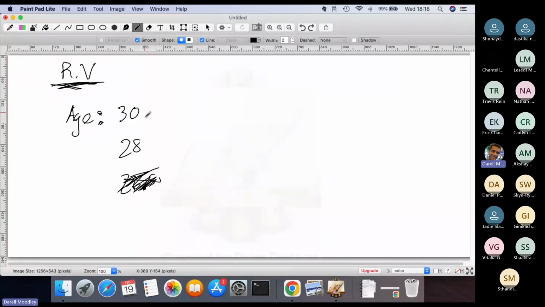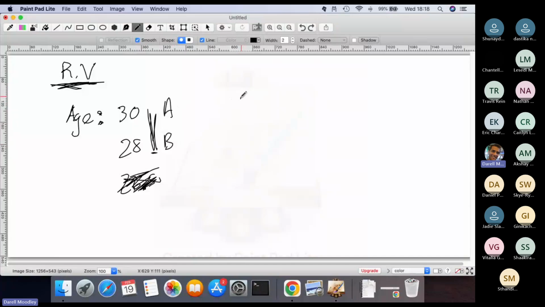Now, this is numeric data. And what I mean by numeric data, let's say we've got these two people that capture their ages. If this was person A and this was person B, we can say that person A is 2 years older than person B because that difference makes sense to us.